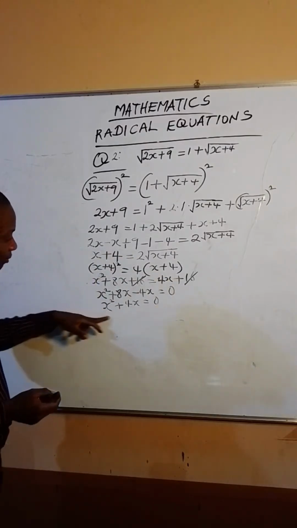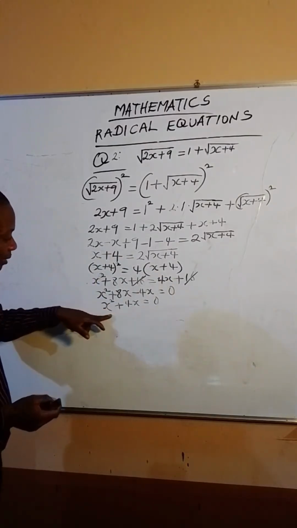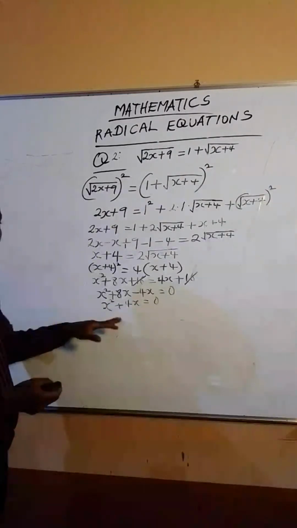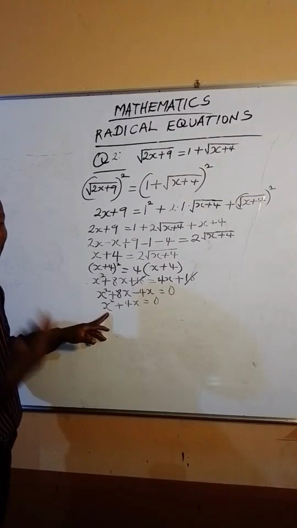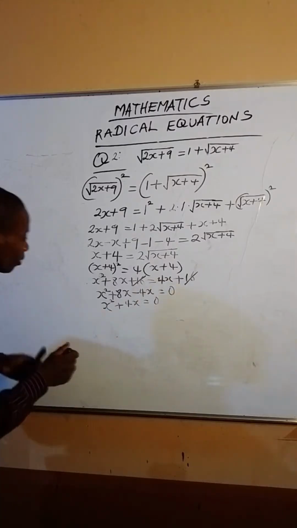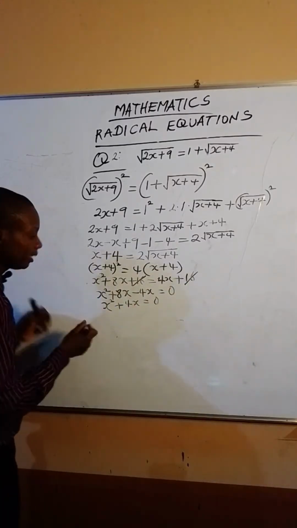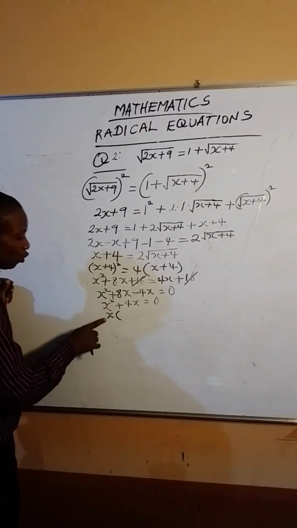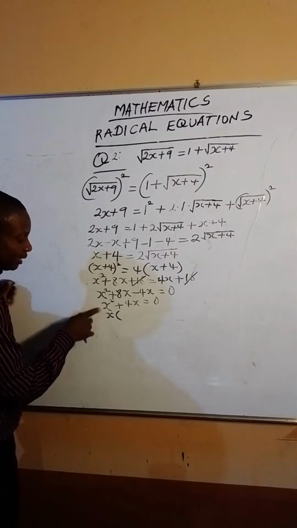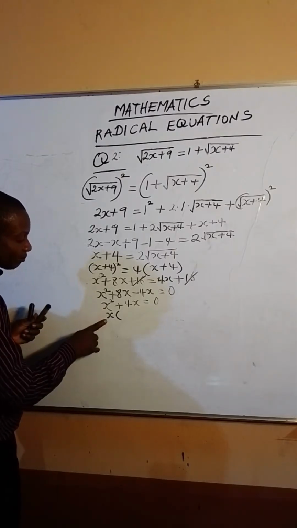So we can factorize from here. This is a quadratic binomial. Binomial means there are 2 terms. Trinomials means there are 3 terms. So if we factorize this expression, we'll have x, open bracket, take the HCF. The HCF is x.